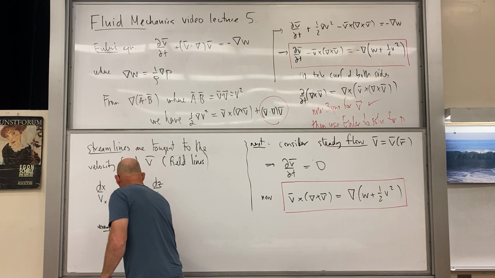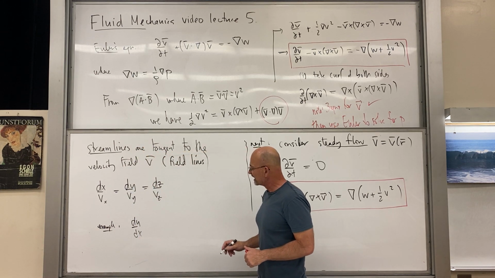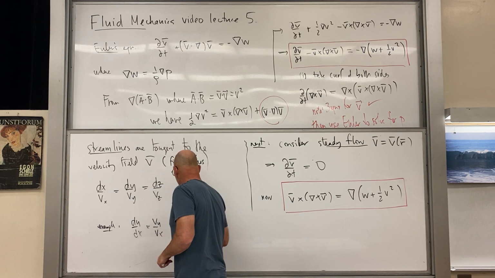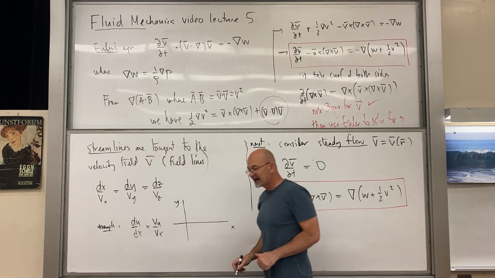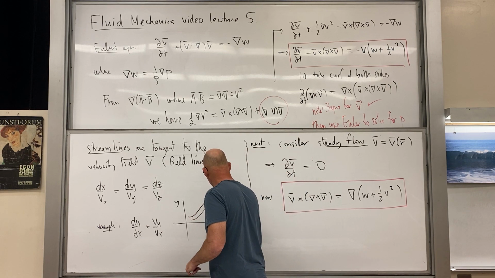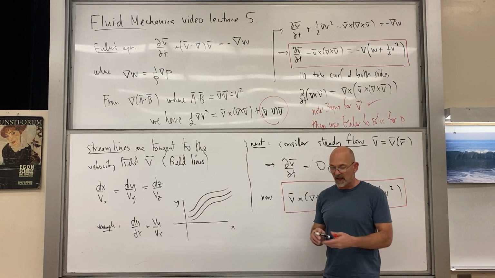And just to give you an example, if you say, what's dy over dx? dy over dx is just equal to vy over vx, and if you're in the xy plane, say you have some streamlines that are going like that. It's pretty stream-like.